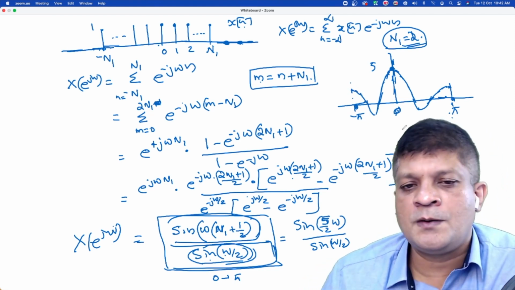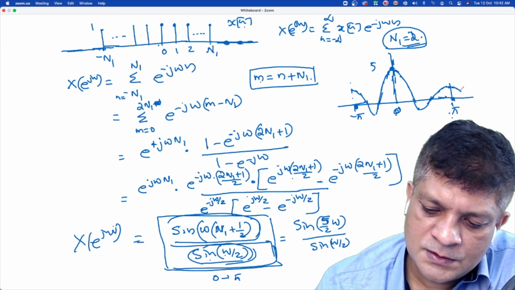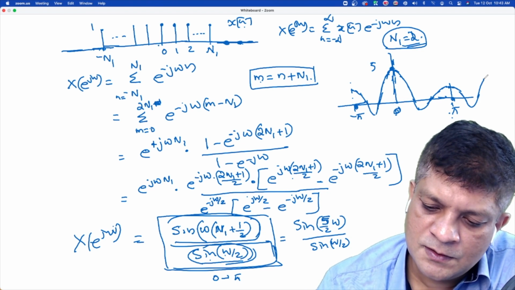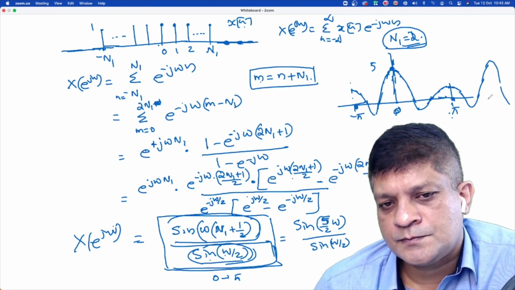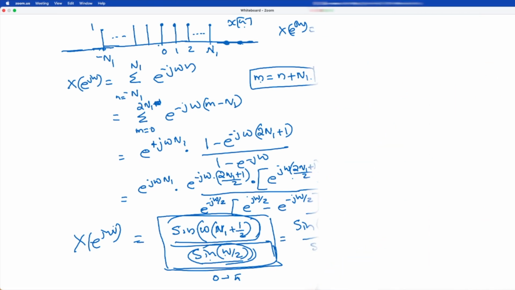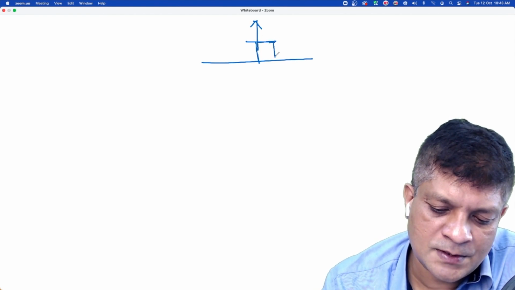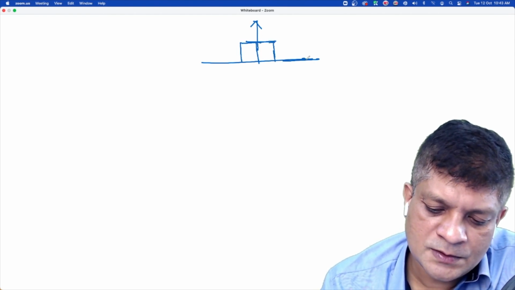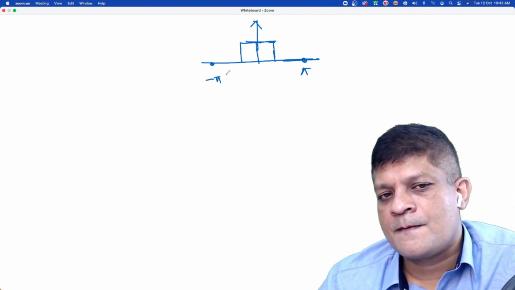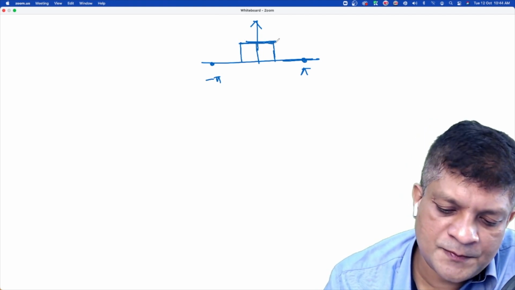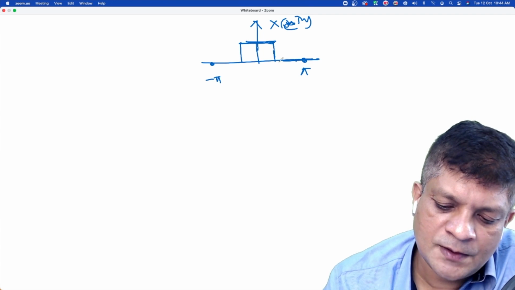This is one period of that spectrum. Since it is 2 pi periodic, its shape will be something like this. So consider a discrete time signal having this spectrum, from minus pi to pi.